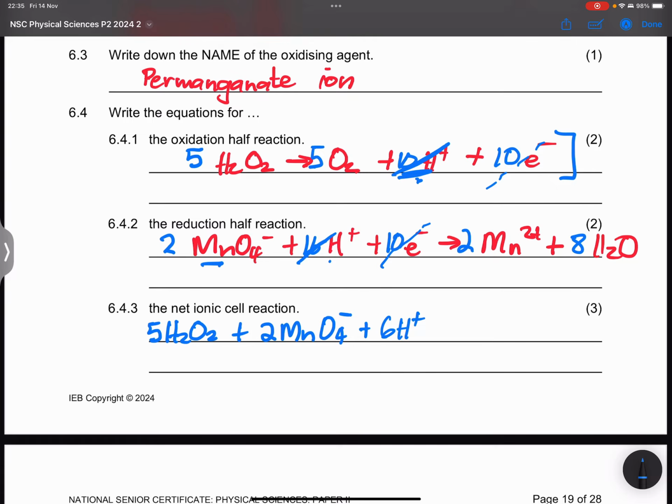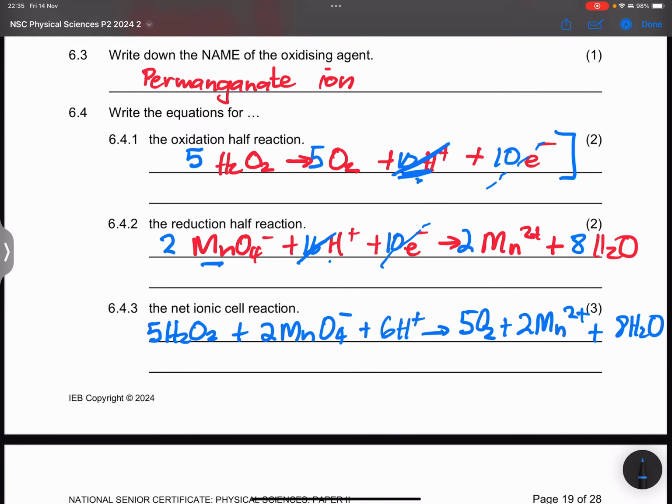And in this case we've got, which will give us 5 O2 plus 2 Mn2 plus 8 H2O. All right, so that is how the cookie crumbles, ladies and gents. That would be the net cell reaction.